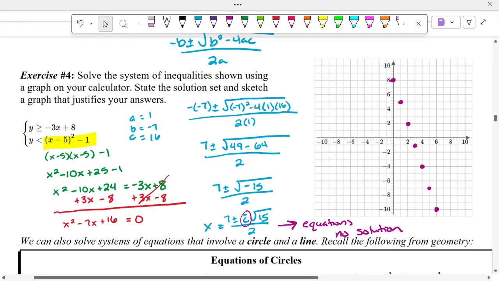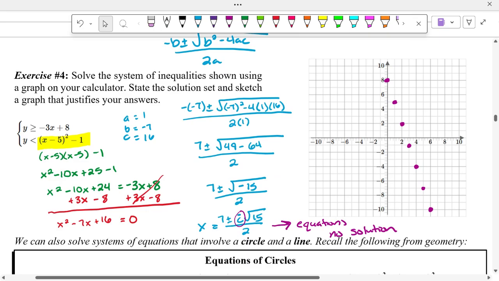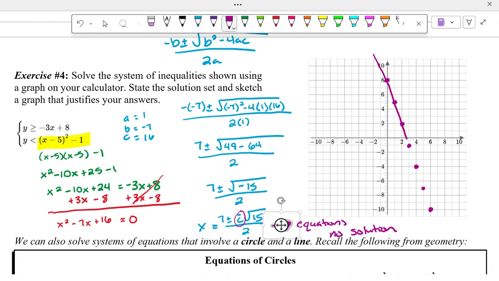Now, based off of the inequality, is this going to be a solid line or a dotted line? It's solid because of that equal to. Now, shading, we're talking greater than. So do you think I'm going to shade to the left or to the right?